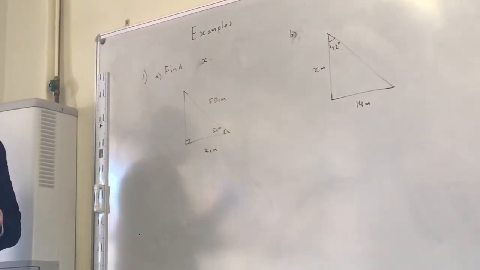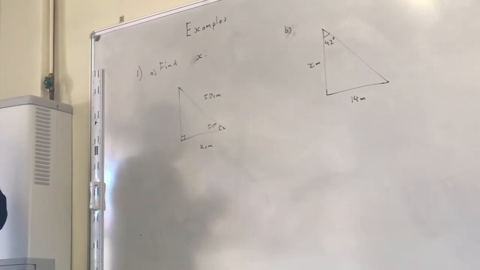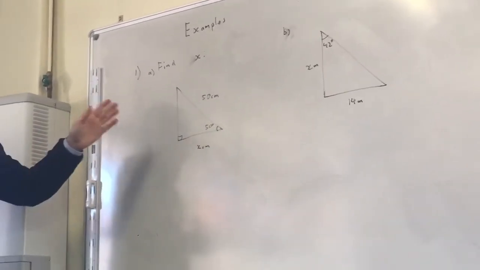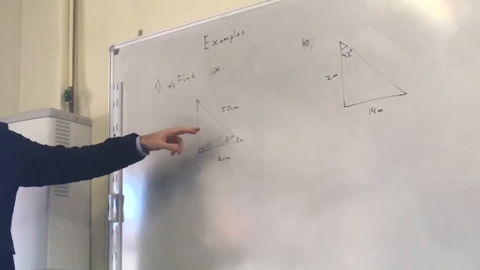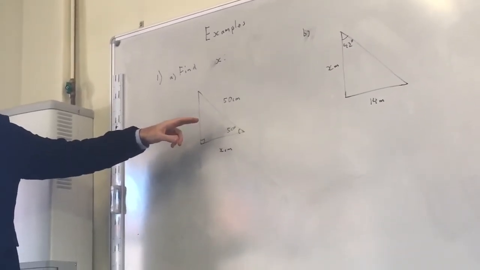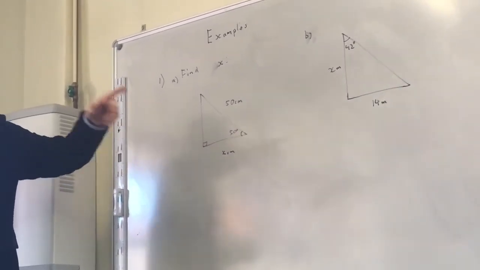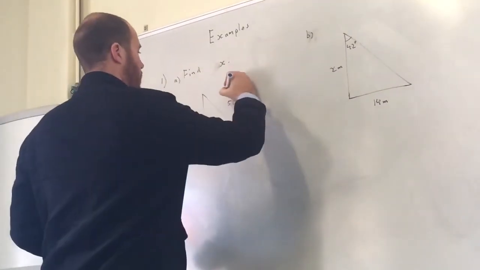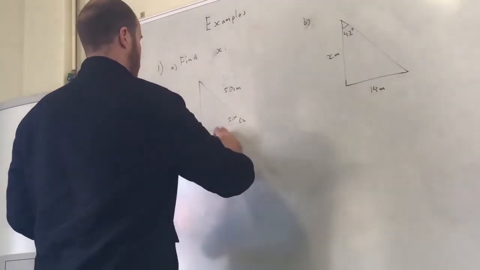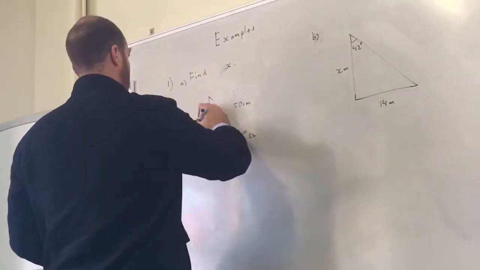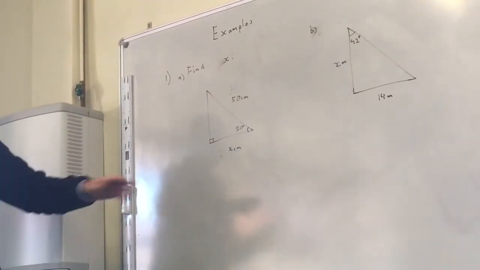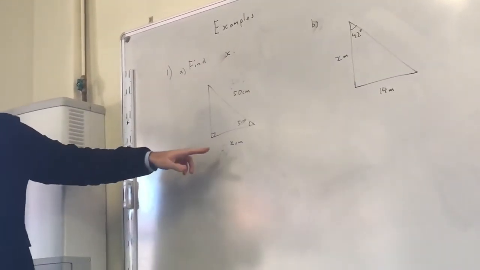Does anyone reckon they could have a stab at what step 1 would be? Where might we start? Before we do anything else, what might be a good starting point? Yeah, before we find which rule it is, we start by labelling it. So this is the hypotenuse, this is the adjacent, and this is the opposite. Which would be the relevant rule in this case?